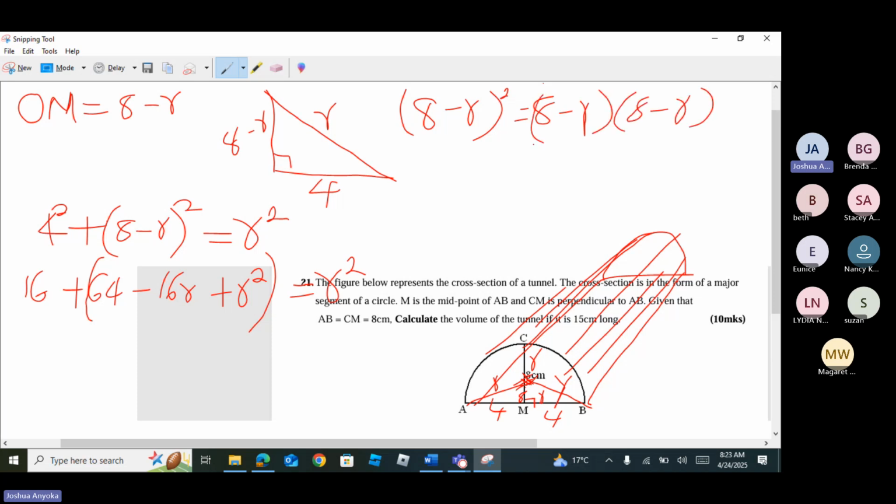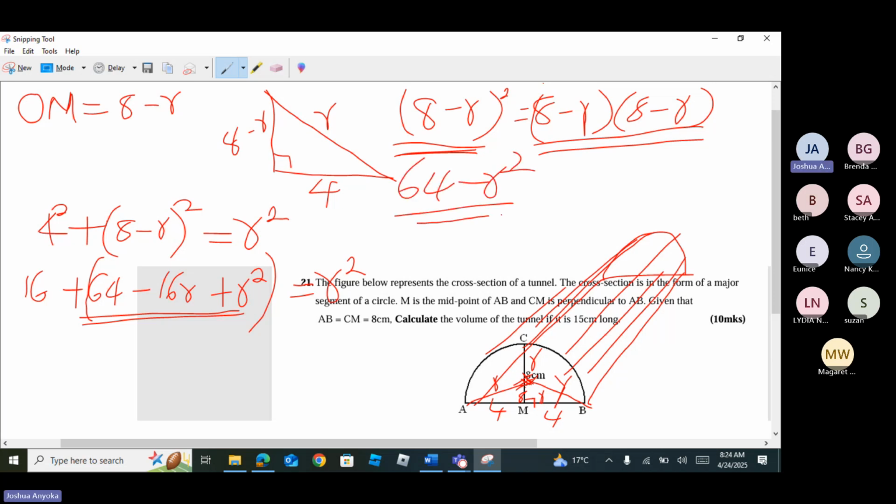Expanding this quadratically gives us this. I hope that nobody is going to do the joke of saying 8 minus r squared is 64 minus r squared. This is the grandfather of all jokes.